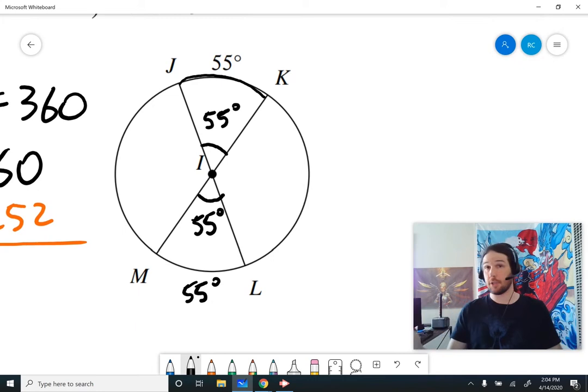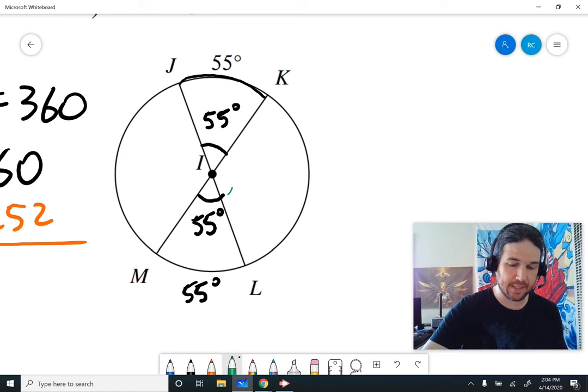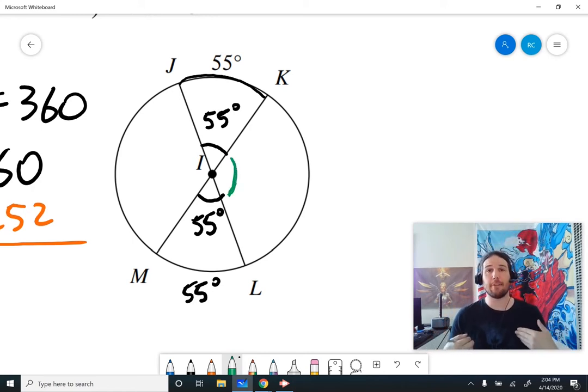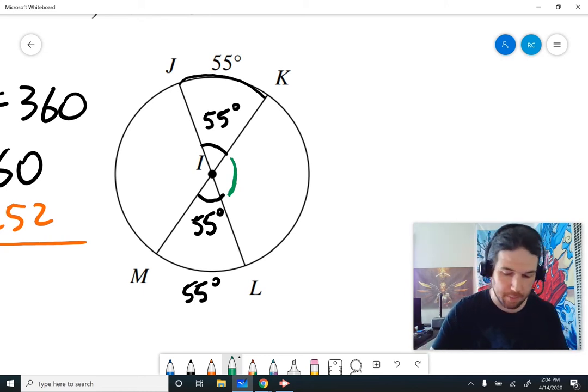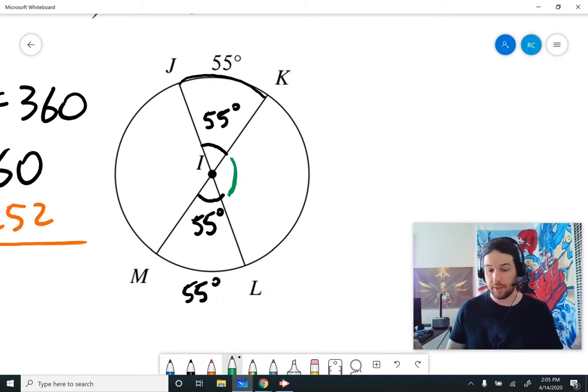So far, so good. Now, these are straight lines, which means this angle here is 180 minus 55, right? A straight line is 180, we've got 55, so it's 180 minus 55, which is, I believe, 125.